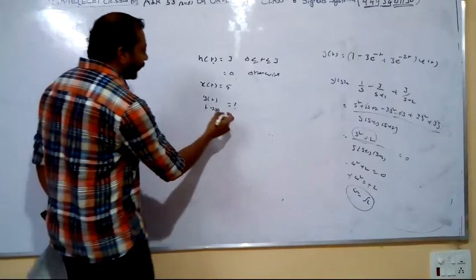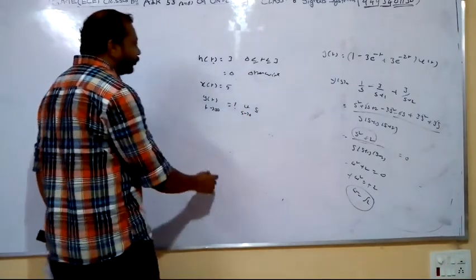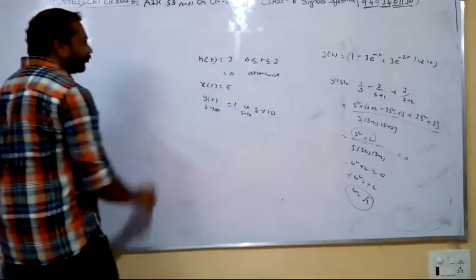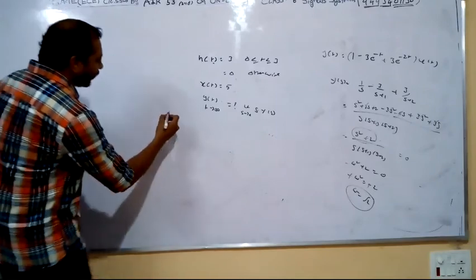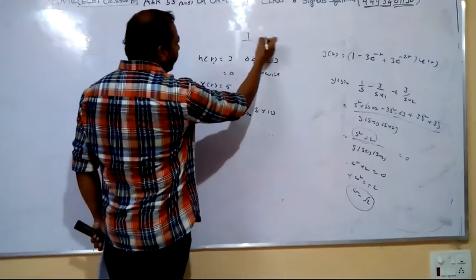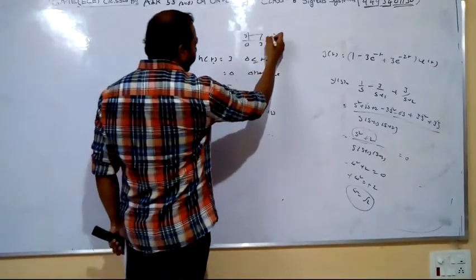It is nothing but simply they are asking about the final value theorem. This corresponding value is equal to limit s tending to 0 of s into y of s. Here h of t equal to 3 they are giving, which exists from 0 to 3.